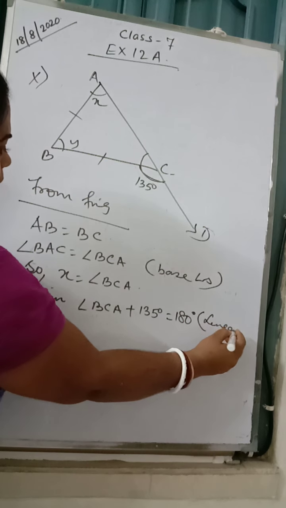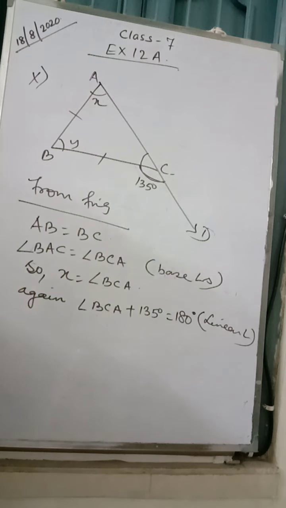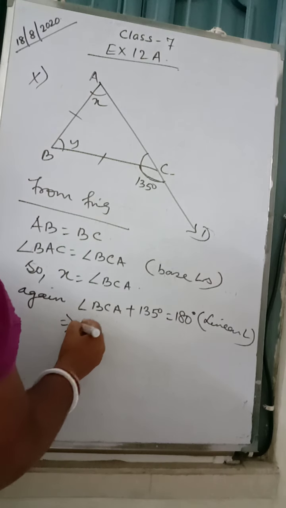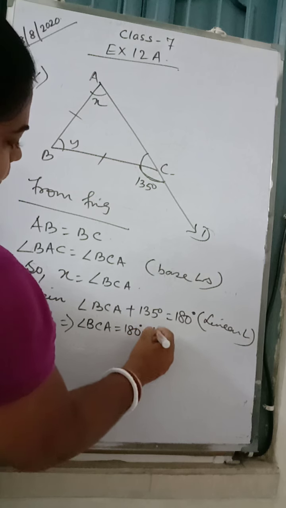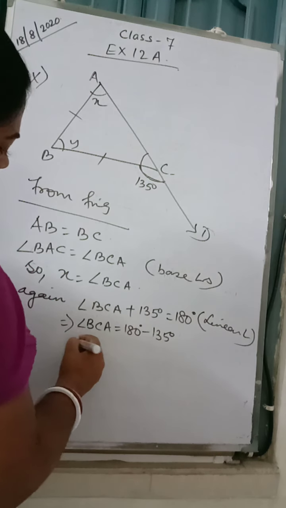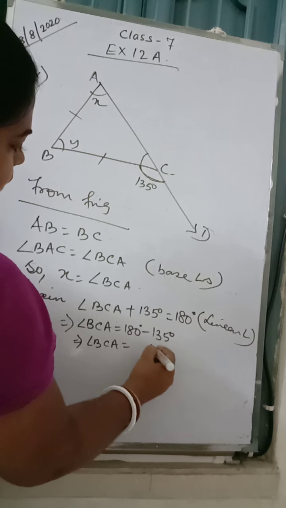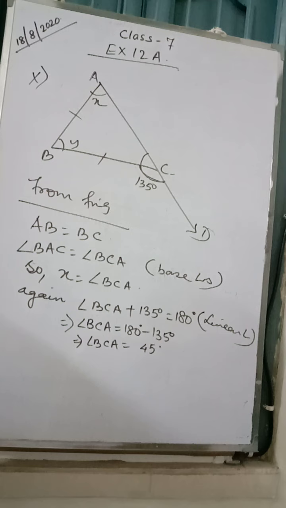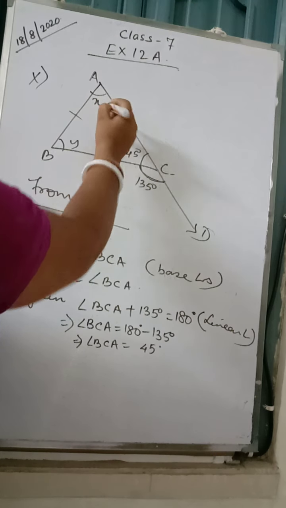We have learned that interior adjacent angle and exterior angle is forming linear pair. So this gives you linear pair. So what does angle BCA you get? 180 degree minus 135 degree, or angle BCA is equal to 45 degree.